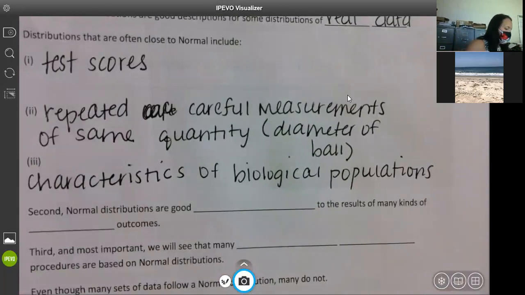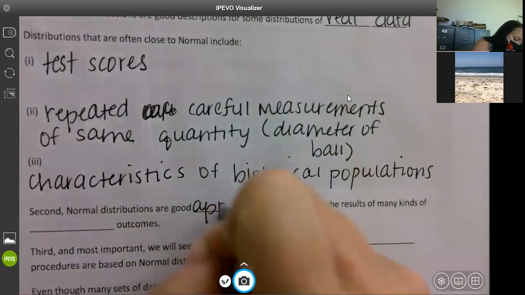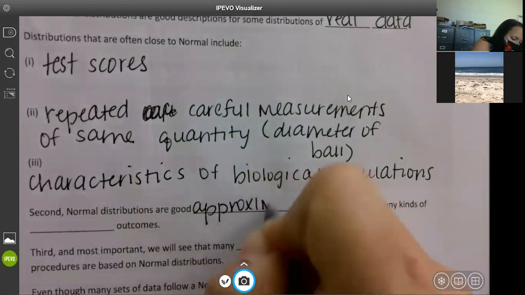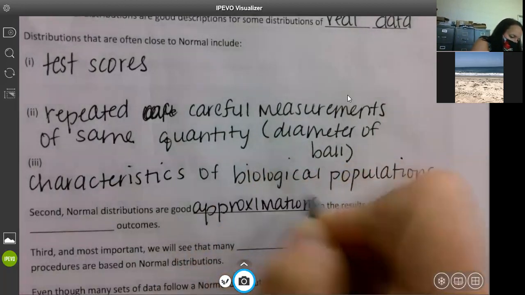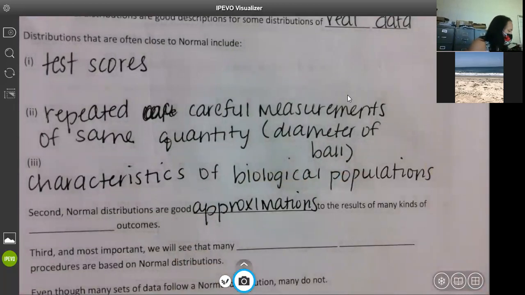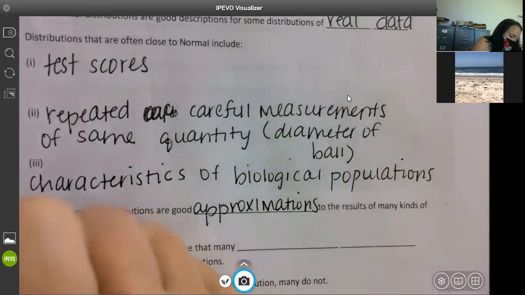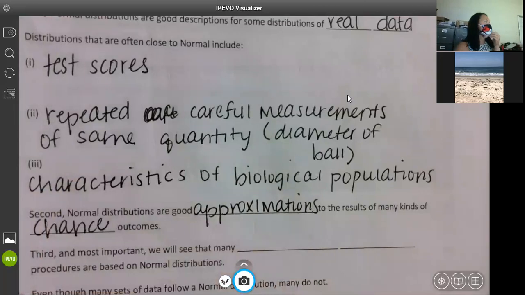Normal distributions are good approximations to the results of many kinds of chance outcomes. Chance outcomes are like rolling dice.